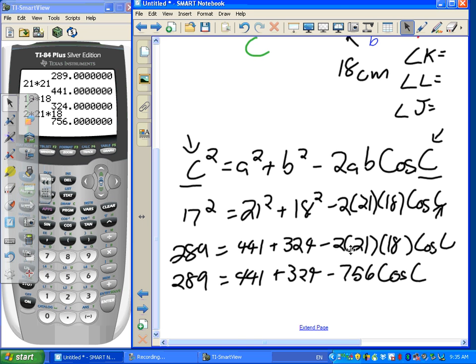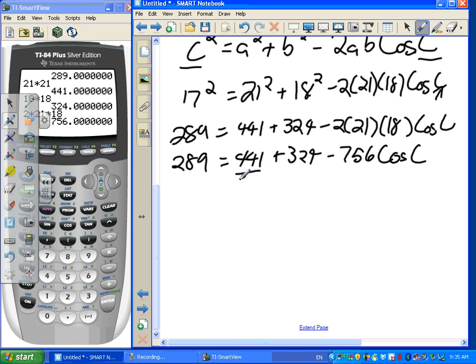Okay, so I calculate 2 times 21 times 18. It says negative or subtract 756 times cos. So I need to get the C by itself because we're solving for that. I'm going to move 441 to the other side and positive 324 to the other side.